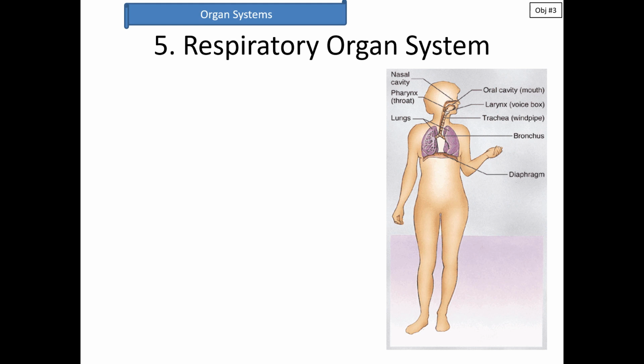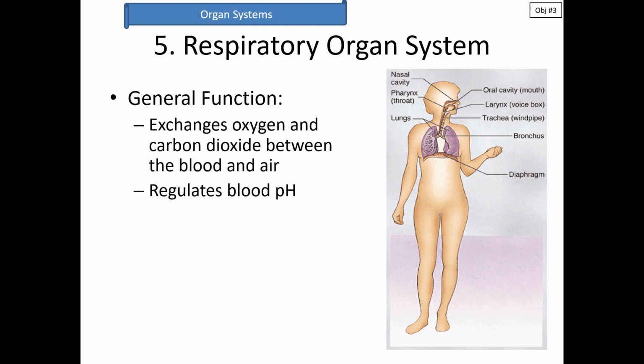The respiratory system, one you're probably a little familiar with, exchanges oxygen and carbon dioxide. So you take in oxygen, it enters the circulatory system, and you exhale carbon dioxide, the waste product from all the cells. It regulates blood pH. Blood pH has to be maintained between 7.35 and 7.45, and if it's not, that causes certain types of proteins called enzymes to denature, change shape, and they won't function anymore.